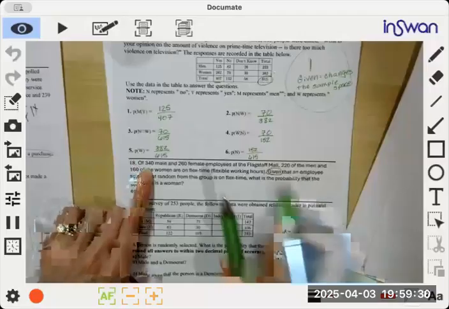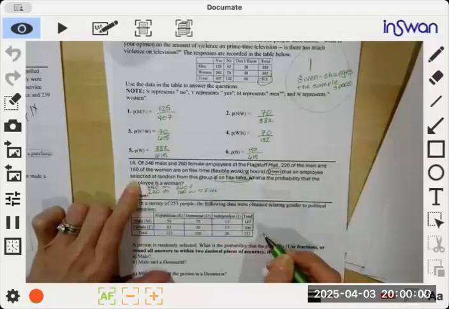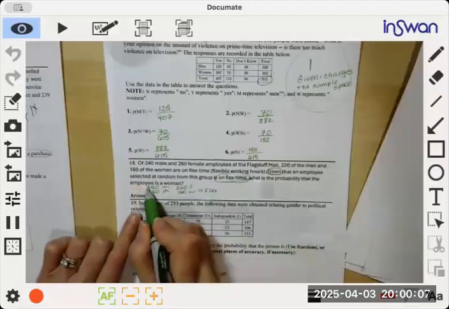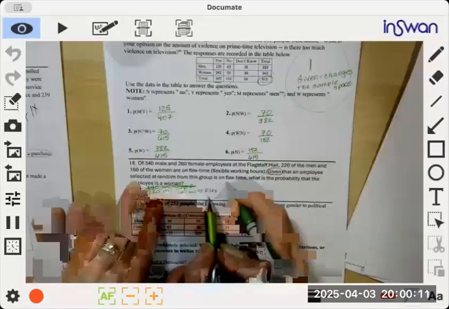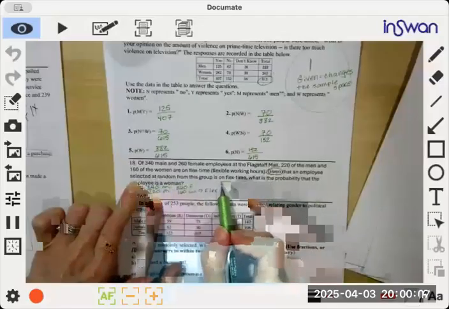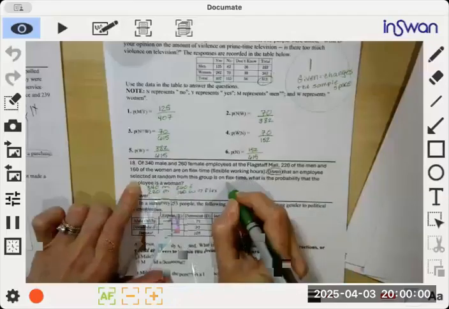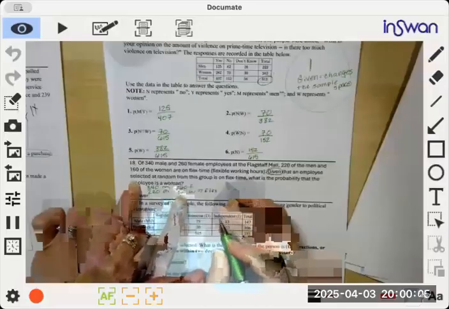Given that the employee selected at random from this group is on flex time, we don't care about the total. We just care about the ones who are on flex time. Because given that they're on flex time, what's the probability that the employee is a woman?